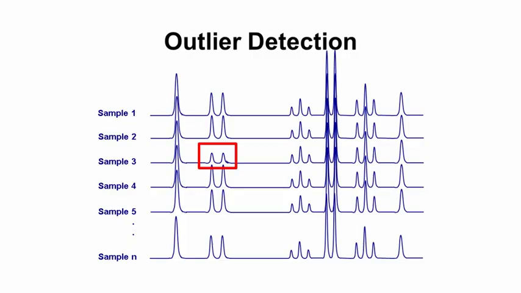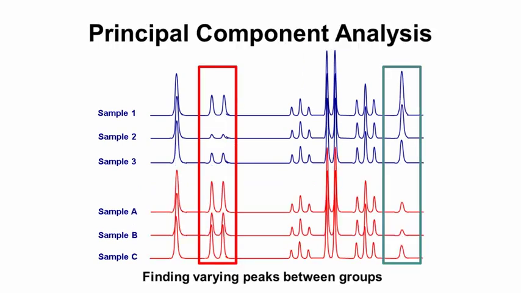With these multivariate statistical tools, we can look at a collection of 100, 1,000, 10,000 spectra, and we can see, in one case, the outliers. Of course, this is obvious to your eyes, but if we were looking at many spectra, this is something statistics could pull out. Another thing we could do is perform principal component analysis, where we're trying to distinguish between, in this case, two groups, the blue spectra from the red spectra. The blue spectra might correspond to healthy and the red to diseased.